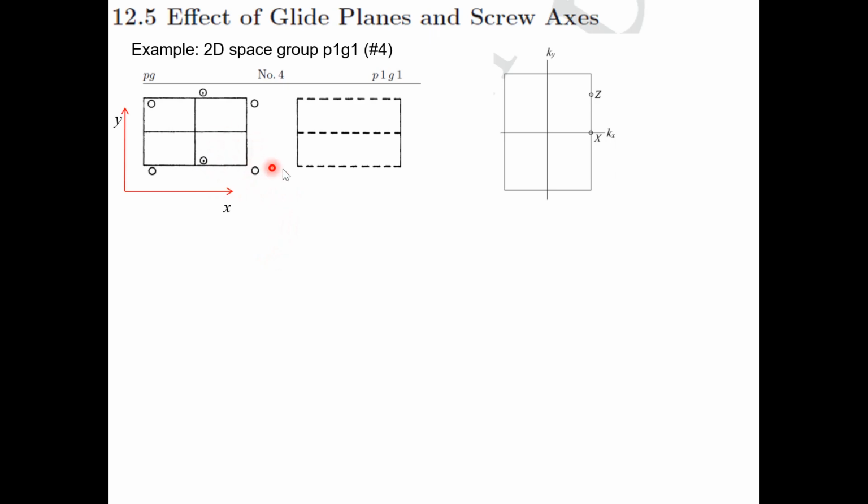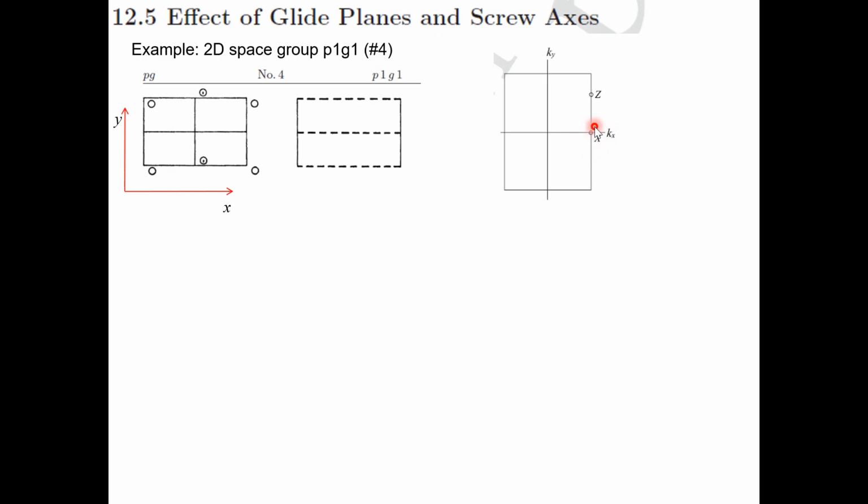Okay, and let's try to see what is the effect of that symmetry on the band structure, specifically the band structure at the X point in the Brillouin zone, at the boundary of the Brillouin zone. But we are going to see that actually the same happens for all these points along this line. But let's consider first the case of the X point in the Brillouin zone.